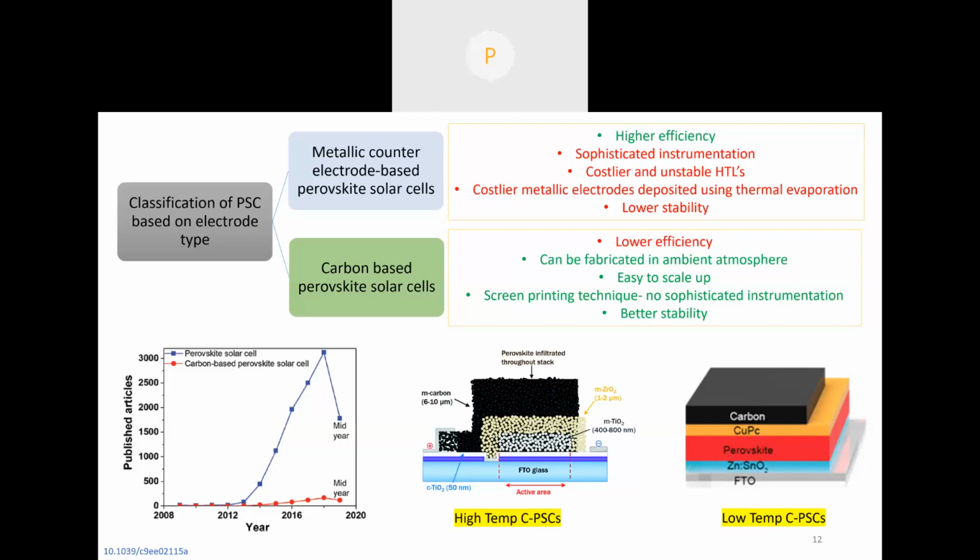In the high temperature type, almost all the layers are screen printed and annealed at a high temperature, around 400 to 500 degrees Celsius. The low temperature based ones are planar kinds of structures. In these we generally use spin coating, and the carbon electrode is deposited later using blade coating or screen printing. You can use any of these. Next please.